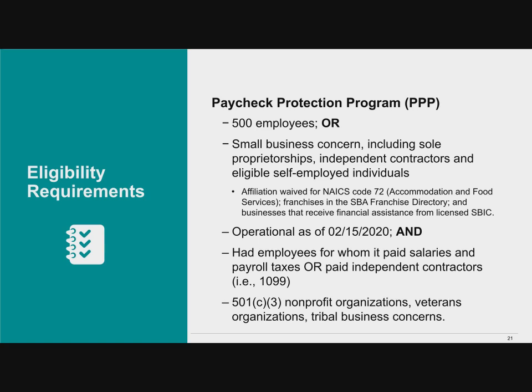Now, there are certain other small business concerns that are eligible. Those in hospitality and accommodation that have a NAICS code of 72 or starts with 72, it will be 500 people per location, which is different than historically the SBA has allowed under the other programs. So they have loosened some of the eligibility requirements.